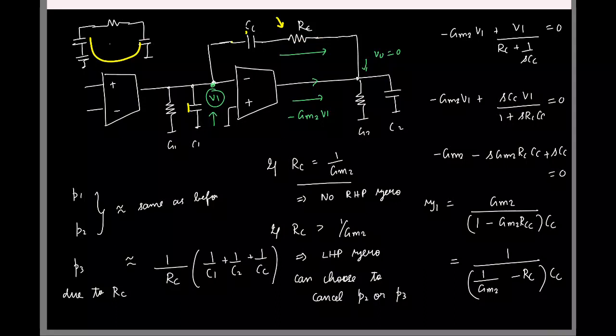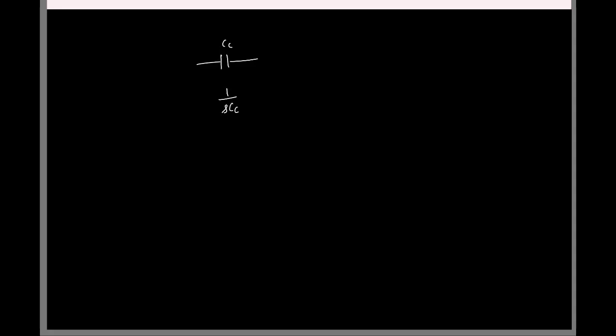So what he's saying is, earlier we had the impedance CC, which provided 1 by SCC. In place of it, we now have this. The impedance is RC plus 1 by SCC, right? So this is basically 1 plus S RC CC by SCC. Now what can you do? Before I had 1 by SCC, that has now become this.